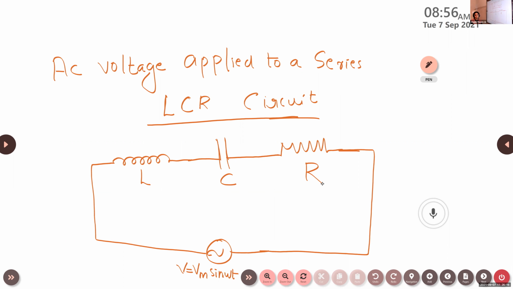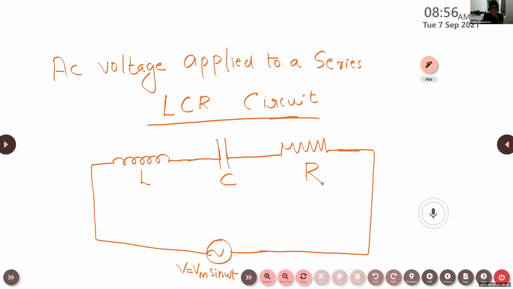Is it over? Yes, ma'am. Okay. So here we consider L, C, R, inductor, capacitor, and resistor, in a series combination. Students, you may please recall, what are the characteristics of a series combination?